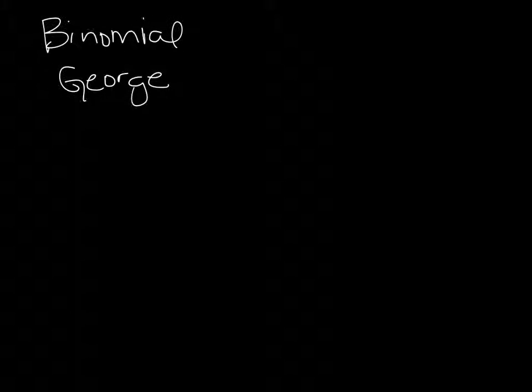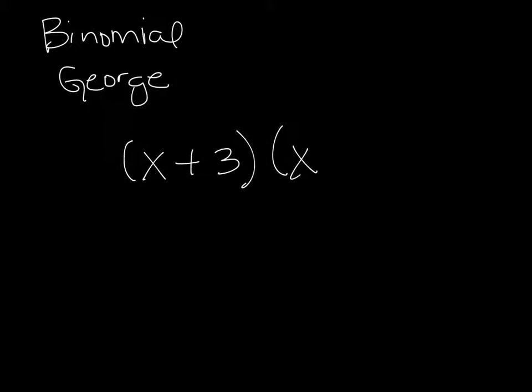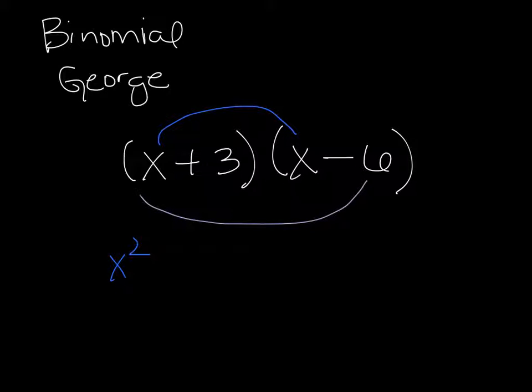Okay, so I'm going to write another binomial. Let's do x plus 3 times x minus 6. Alright, so here's what my algebra teacher taught me. He said, okay, you're going to first of all take your x times your x. There's your first. X times x is x squared. And then he said we're going to do our outer terms, which is O for in FOIL.